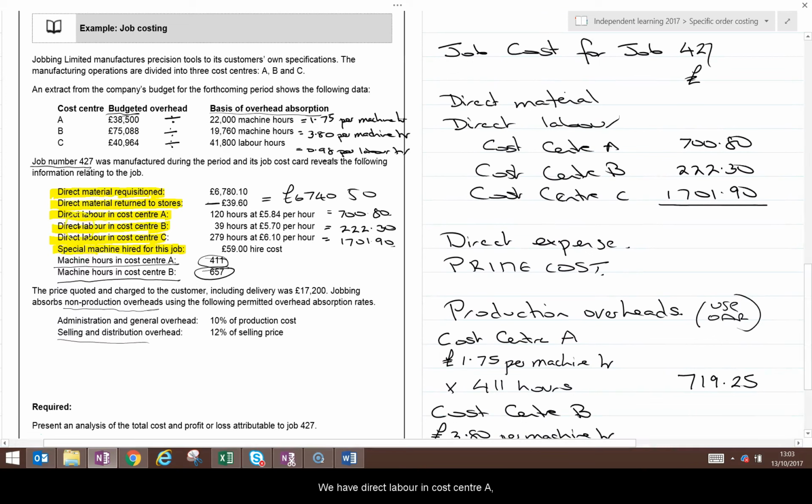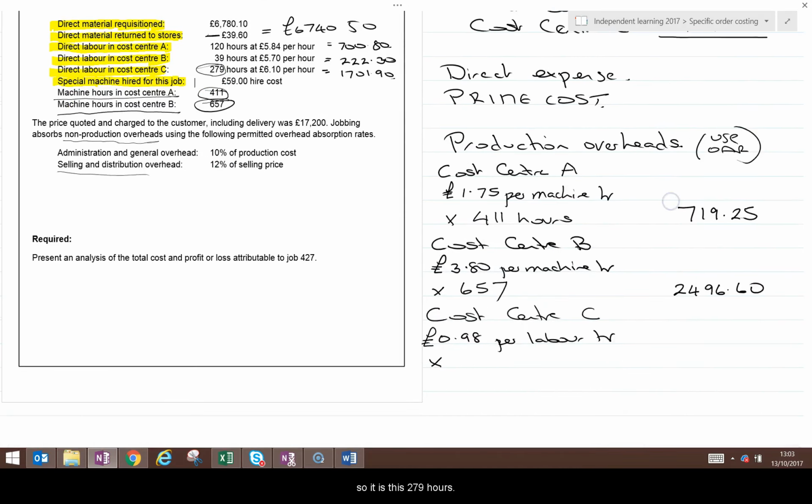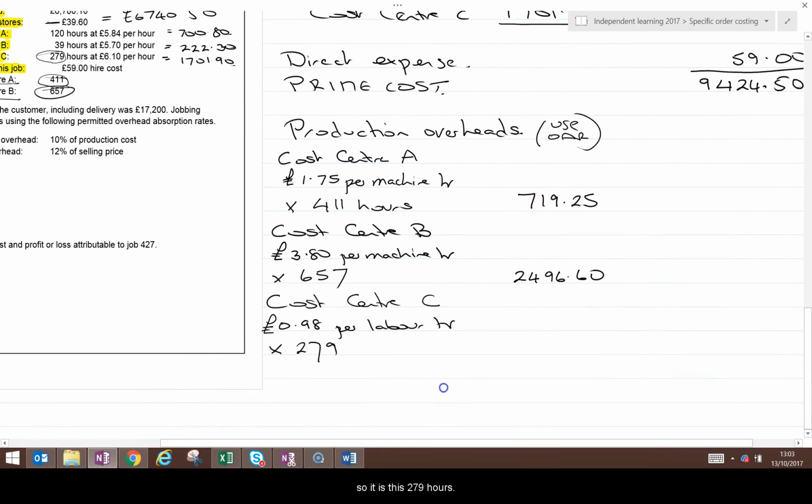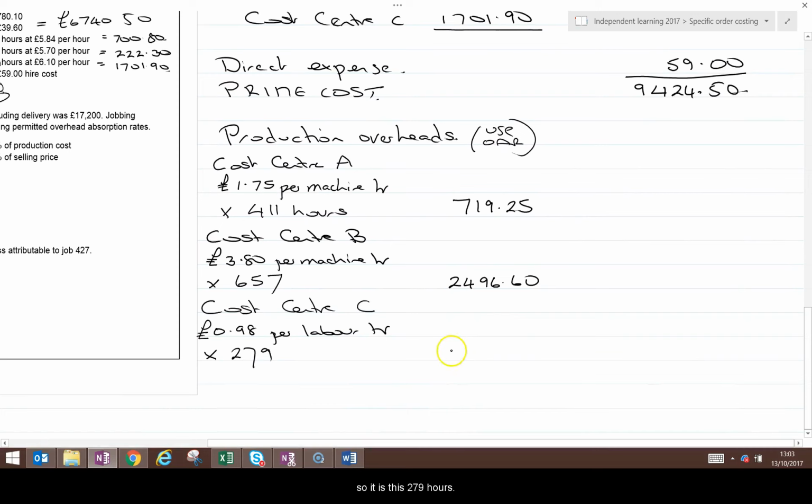We have direct labour in cost centre A, cost centre B, cost centre C. So it's this 279 hours. So that gives us £273.42. So that is the production overheads absorbed.